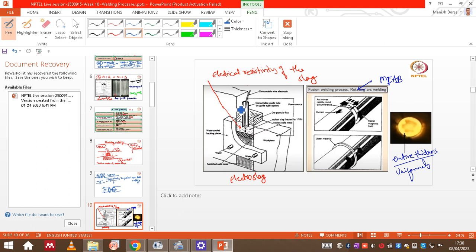This is again a typical image of electroslag welding, what we have seen just a few minutes before, that this is an adjustable holder, copper shoes we can say. So once the cavity or welding of the interfaces takes place at the bottom section, this arrangement can be shifted toward the top.